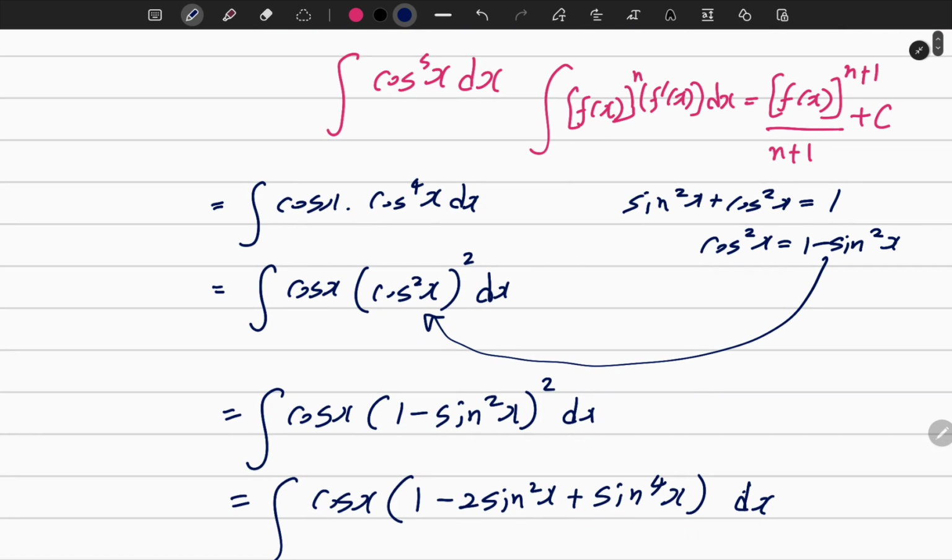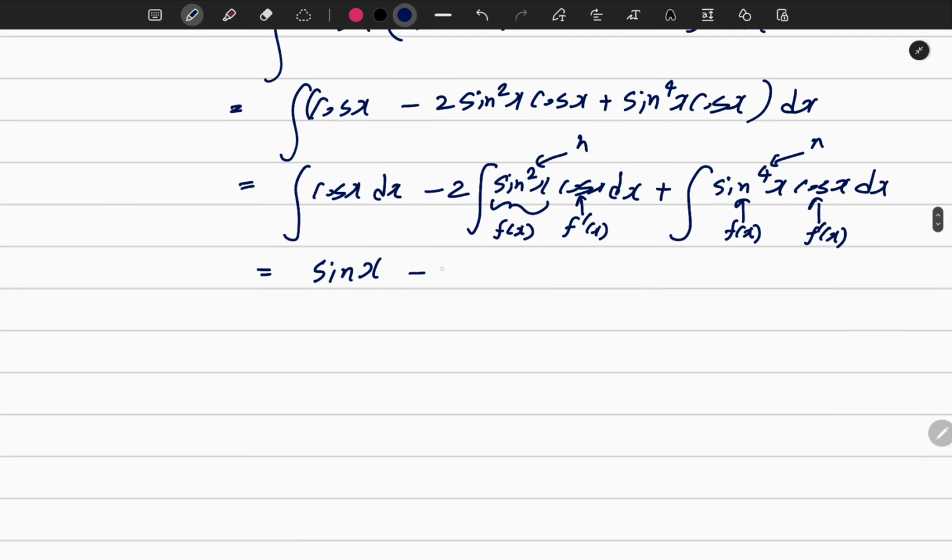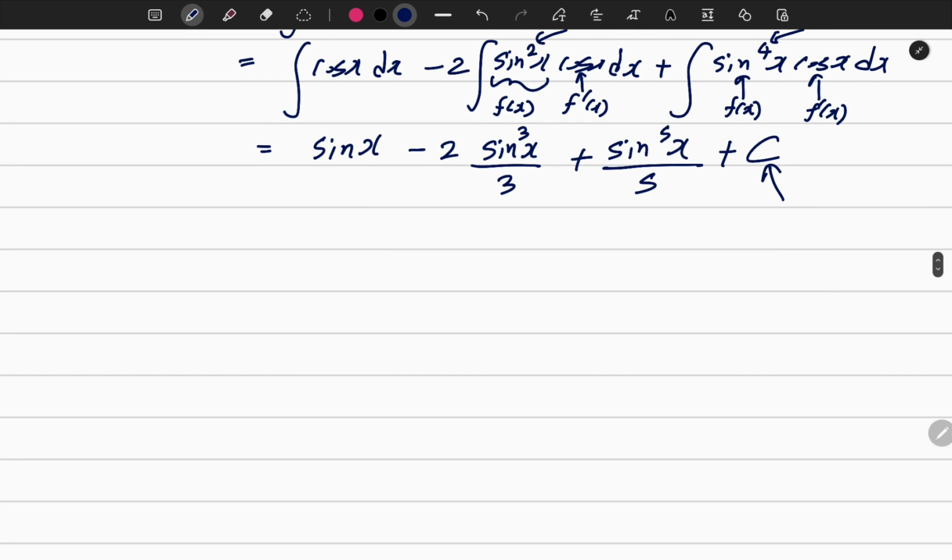So now I'm going to use this theorem. So this is minus 2. Now I can write this sin x cubed over 3 plus sin 5x over 5 plus c. Here c is an arbitrary constant, right? So this is a constant.